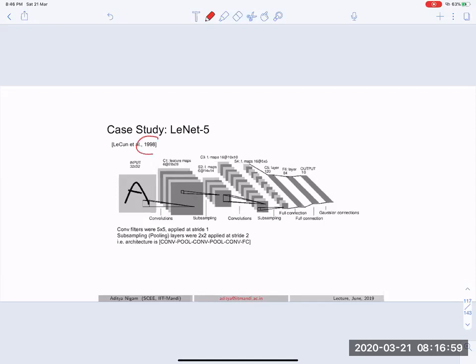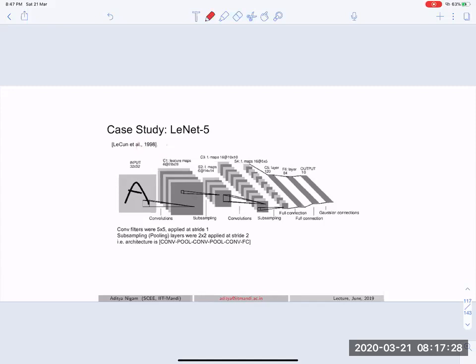This actually started in 1998, and in the last 20 to 25 years they have come up with different types of networks and understood the best possible design practices. To understand those design practices, we are going to see multiple different case studies. So let's start with them one by one.